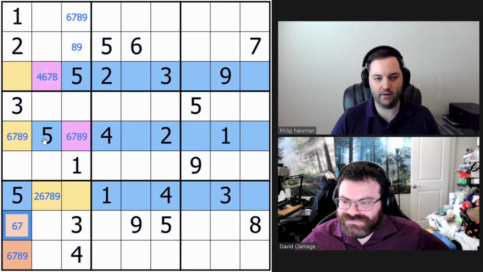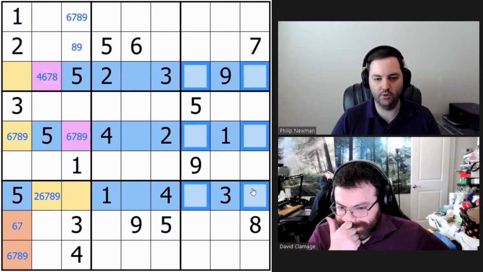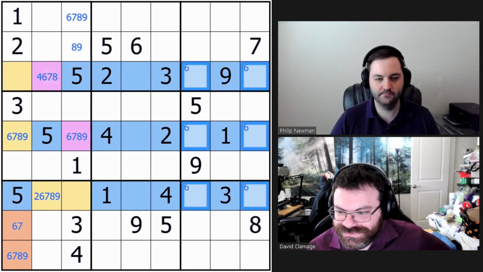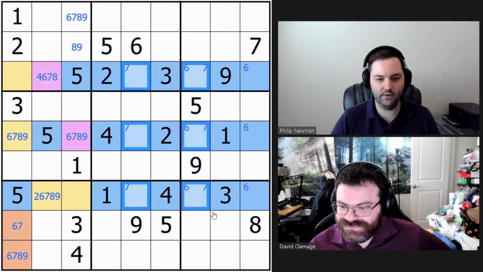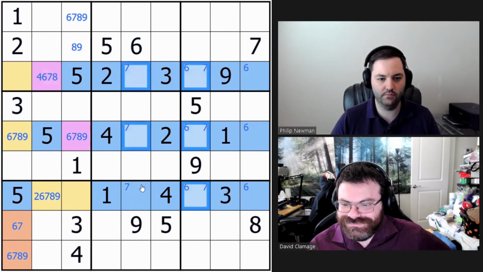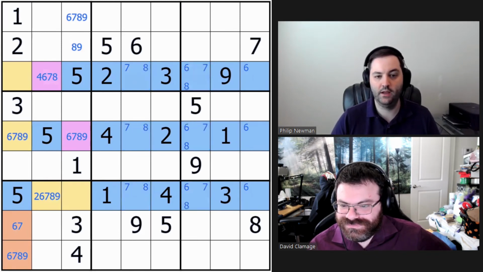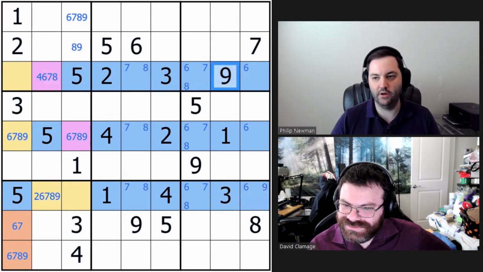Outside of this stack, it can't go here, so it's limited to 2 columns. 7, limited to 2 columns. 8, limited to the same 2 columns. 9 is limited to this column, and in fact, this cell. Just that cell. But it's also already here. So it's still 2.